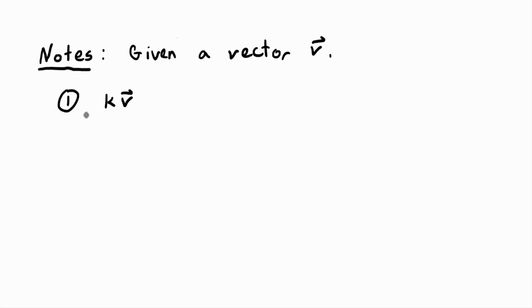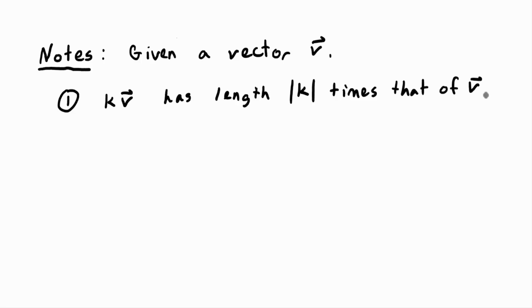So we'll make the first note that K times V has length absolute value of K times that of V. Does that sentence make sense to you? K times V has length absolute value of K times the length of V, in other words.